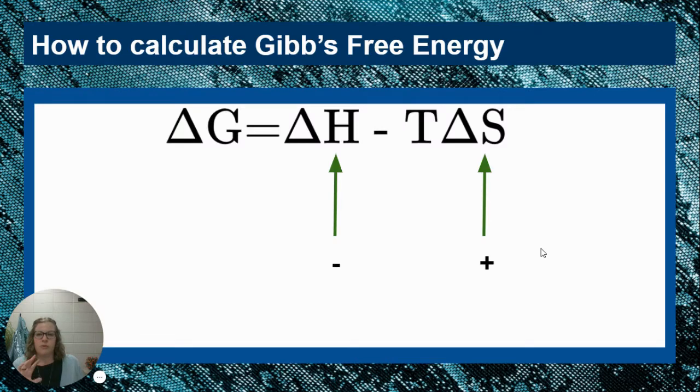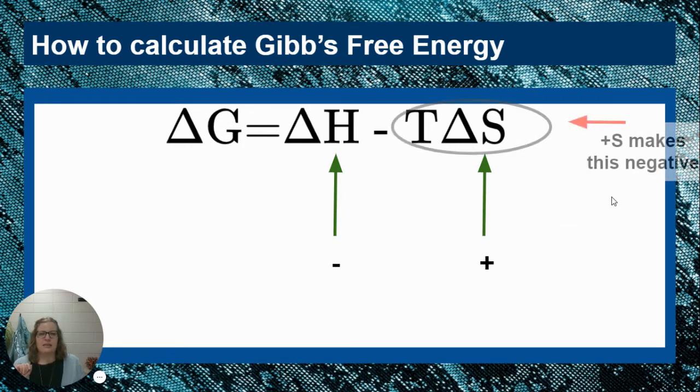As I've said before, the best possible scenario is to have an exothermic process, because nature likes to drop in energy, and to have more dispersion happen. And if you look at this equation, think about it as competing positive and negative values. If I have an exothermic reaction and a negative value here and a positive value for my S, that makes the term where I take temperature and entropy positive, so it's negative when I'm subtracting it.